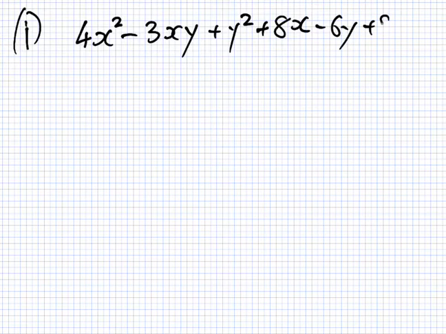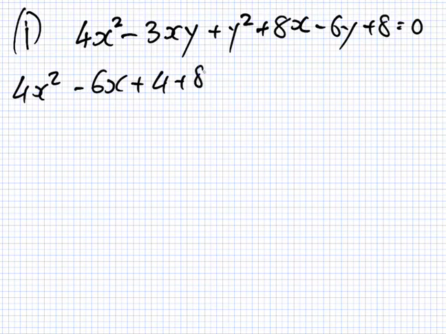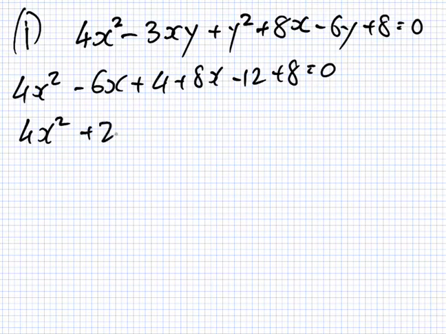Yeah. Okay. So we want to find when y equals 2 here. That's the first part. So we just make y equal 2 and solve for x. 4x squared minus 6x plus 4 plus 8x minus 12 plus 8 equals 0. 4x squared plus 2x. Oh, nice. Simplifies to this. I can even cancel by 2.